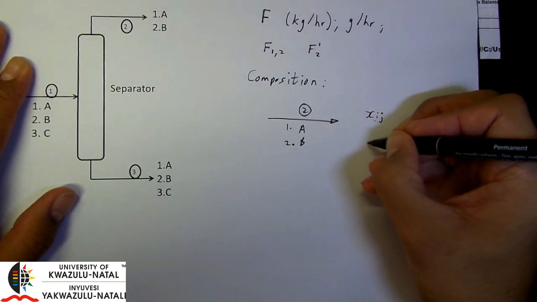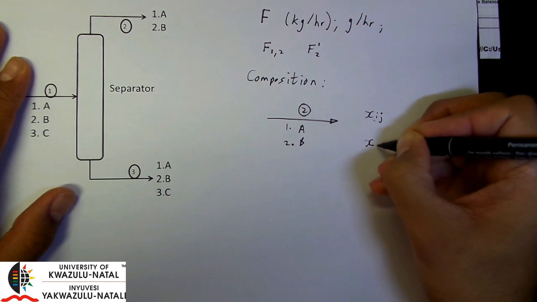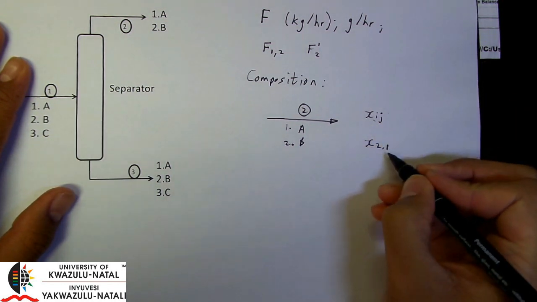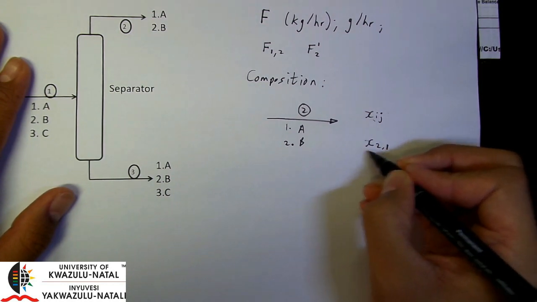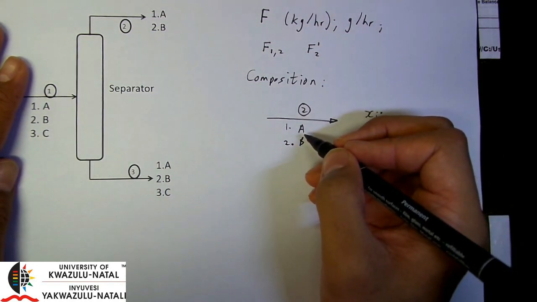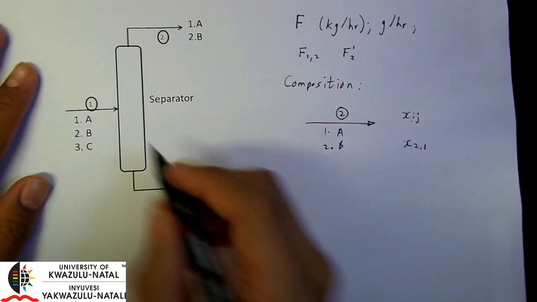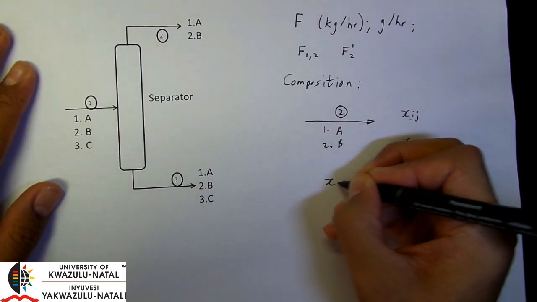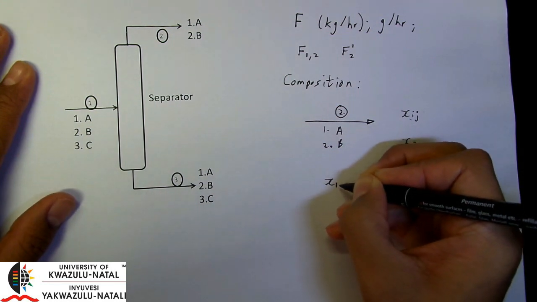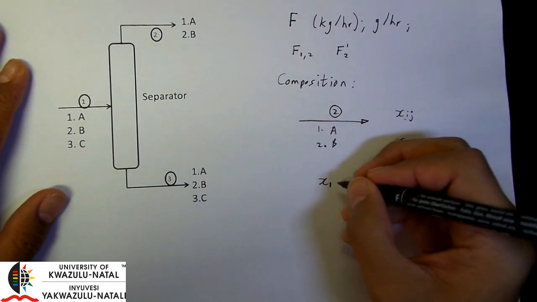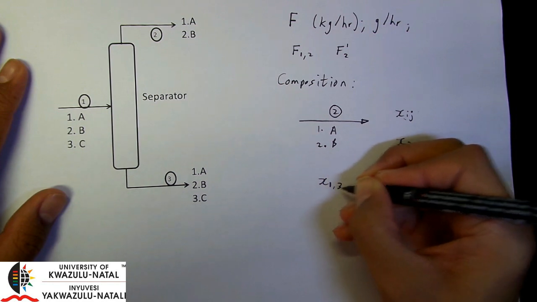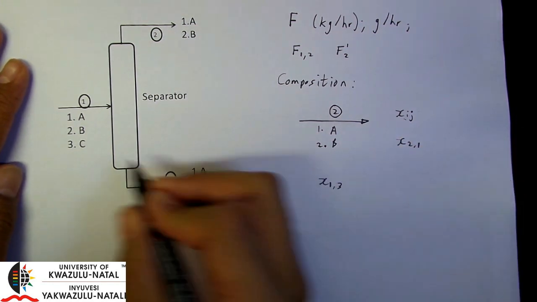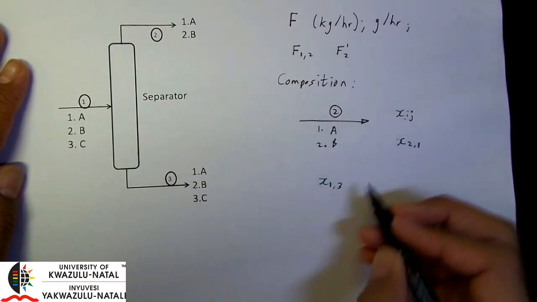Okay, so for example, X21 is the mole fraction of component 1 in stream 2. If I look at stream 1, then X13, for example, will be the mole fraction of component 3 or component C in stream 1.